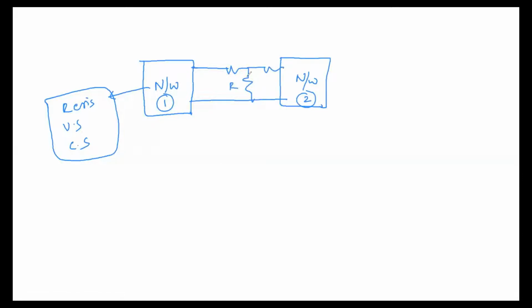So previously what I asked, if you want to find the response in that resistor, let us say that can be a current through that resistor or voltage across that resistor, what we have to do?